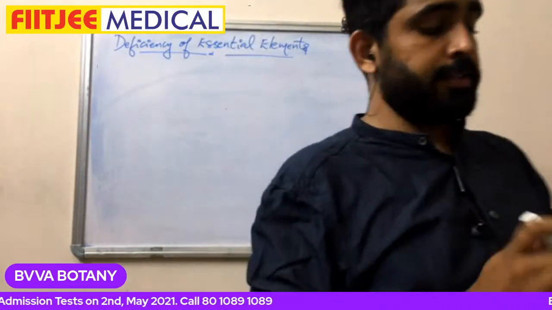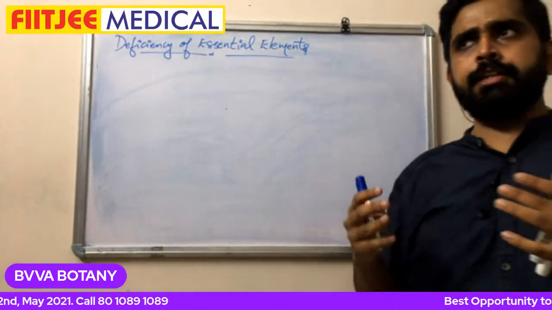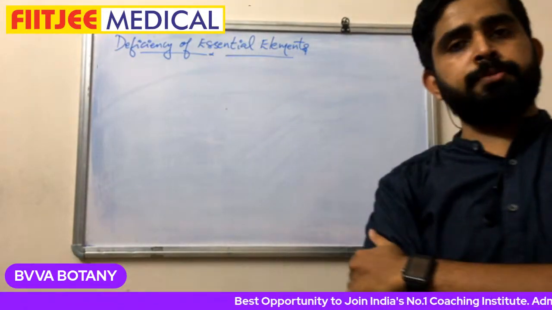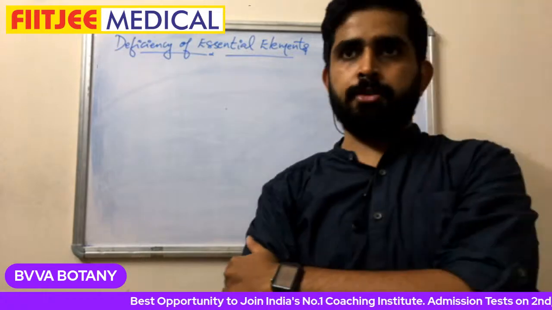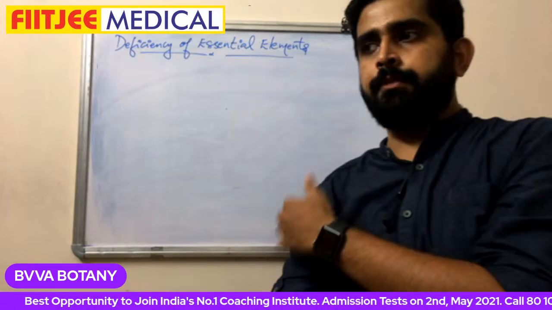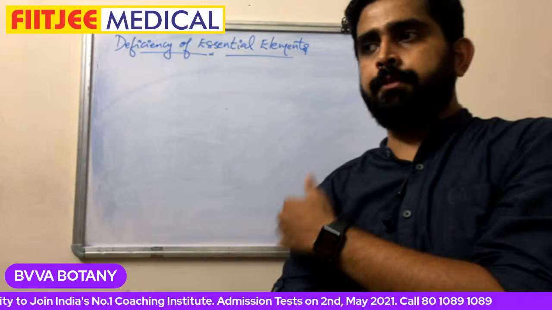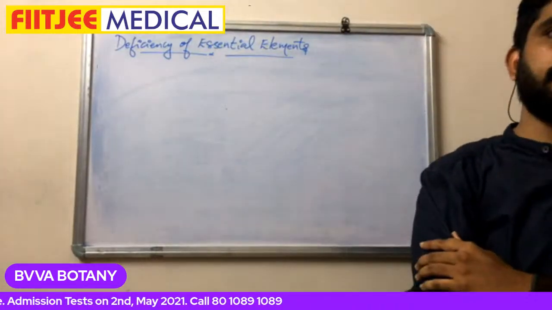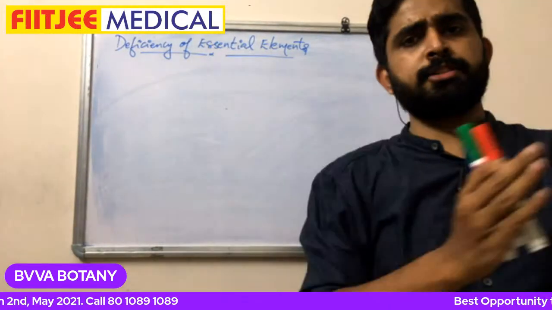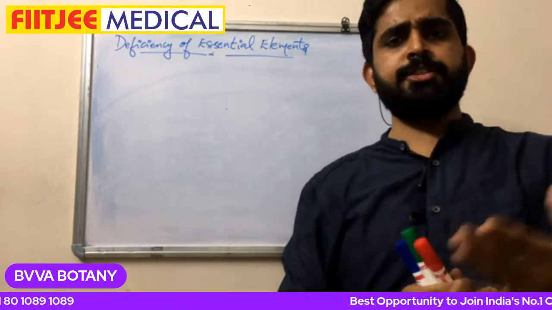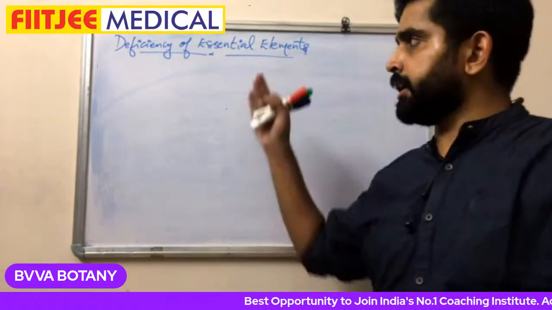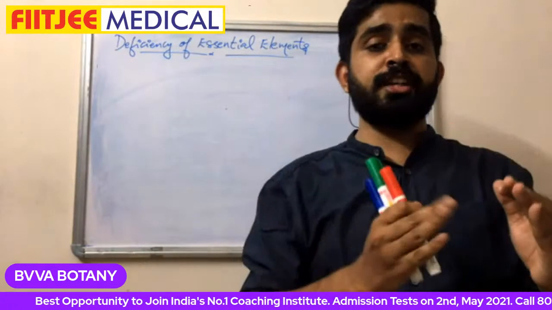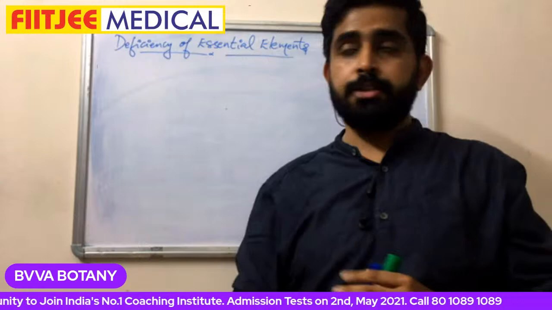Even in animals, due to the deficiency of vitamins, we develop symptoms, like bleeding or mouth bleeding. Similarly, deficiency of some nutrients in the plant can also cause symptoms which can be seen externally, morphologically.